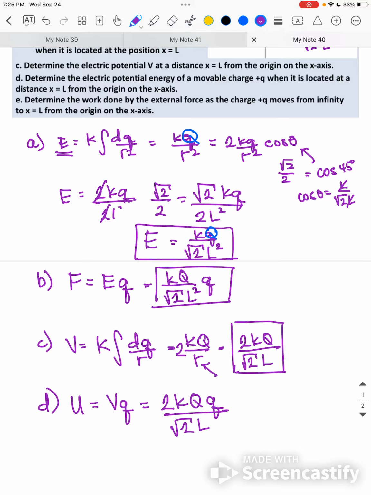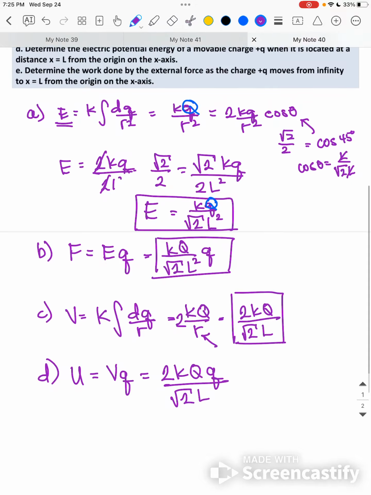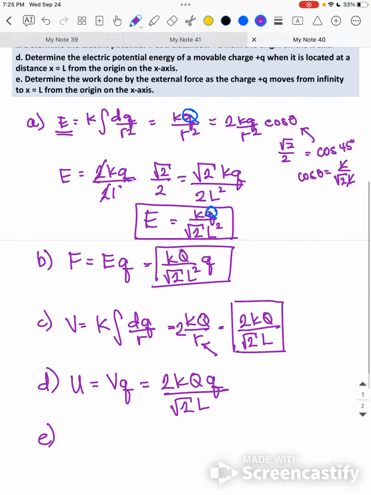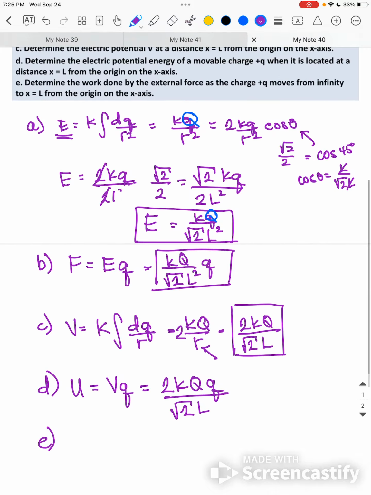Okay, now the last part is asking for work. And one thing I want you to think about carefully is that it's asking for the work done by the external force. And remember, we are taking a positive charge and moving it from infinity to a position on the x-axis.